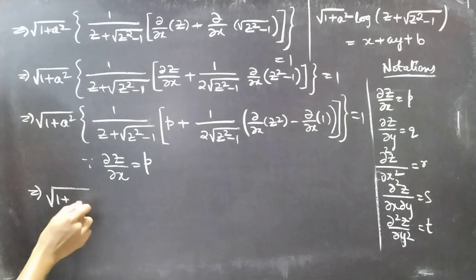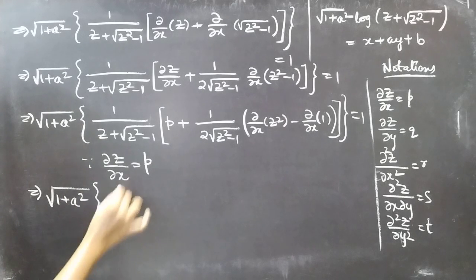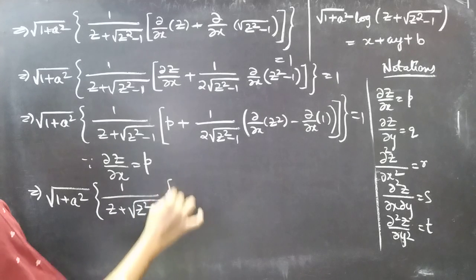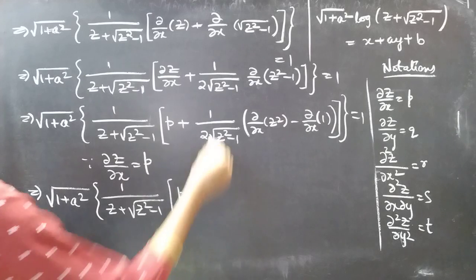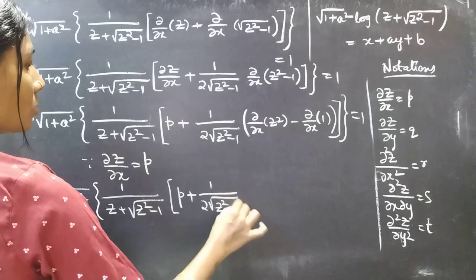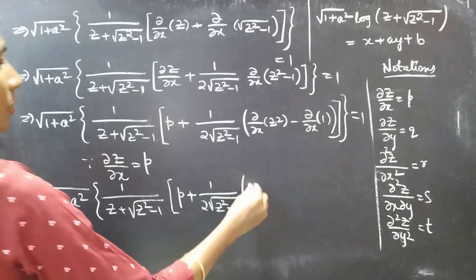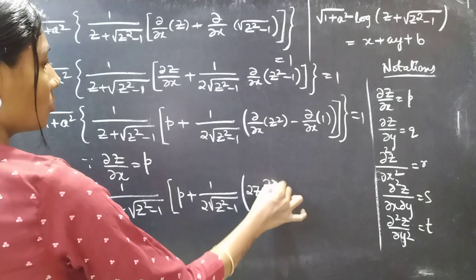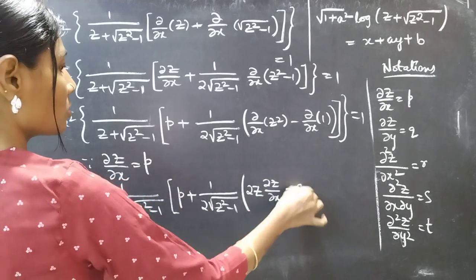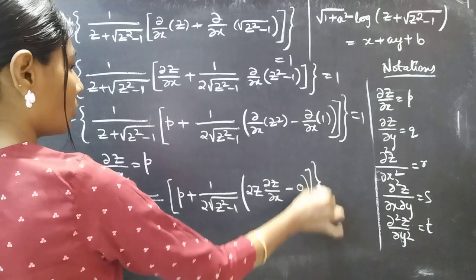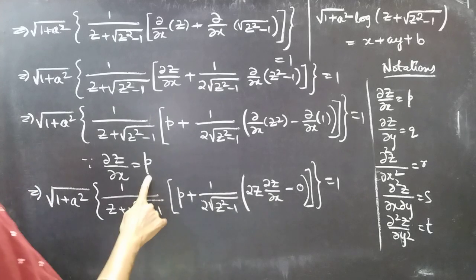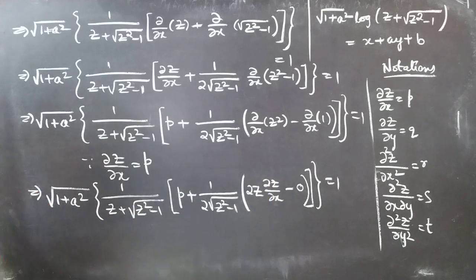You can skip these two and write this step directly. P plus 1 by 2 into square root of z square minus 1 into partial derivative of z square with respect to x is 2z into dou z by dou x minus partial derivative of a constant with respect to x is 0, equal to 1. Again, since dou z by dou x equal to p, so we will replace this by p.